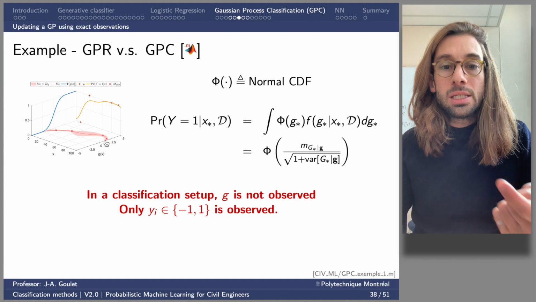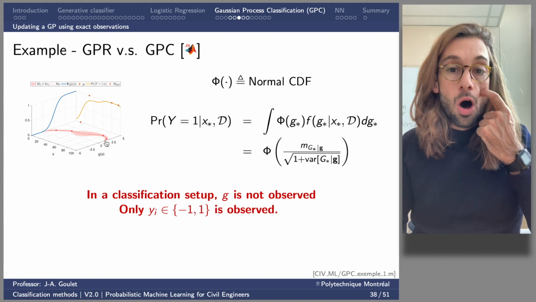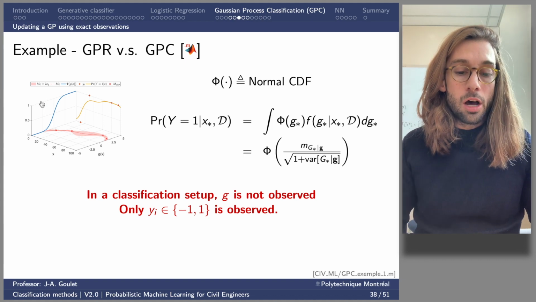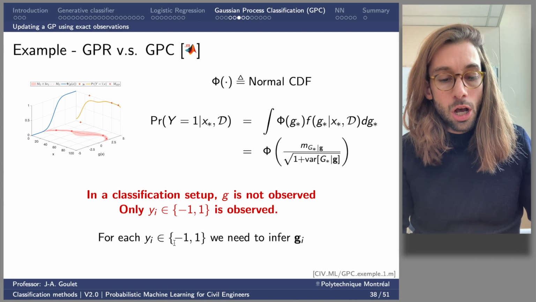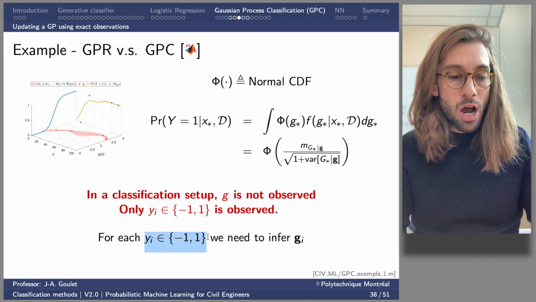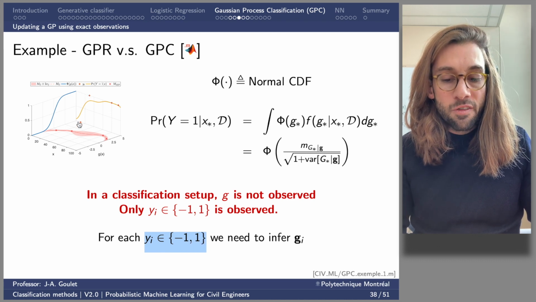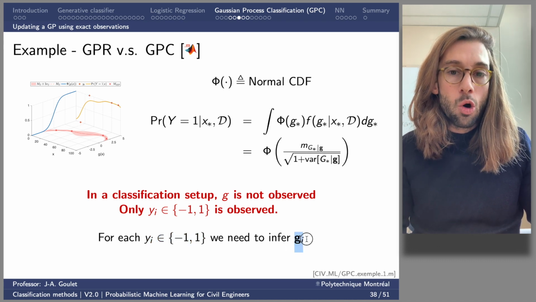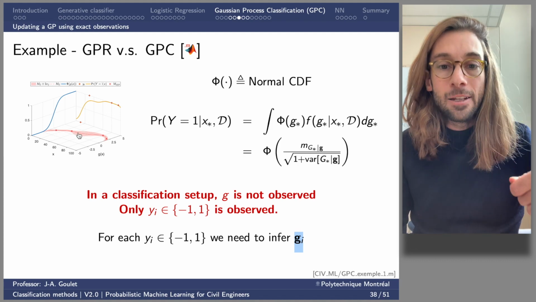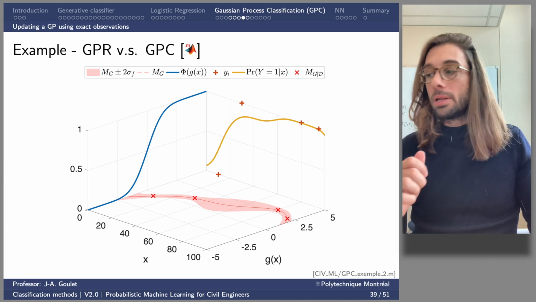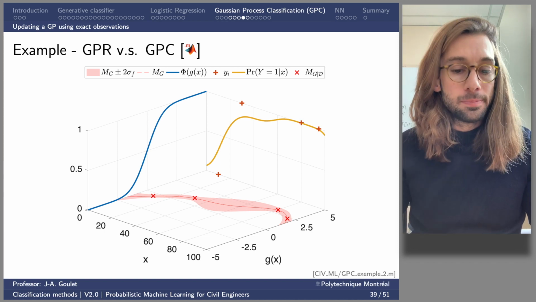So a Gaussian process that is only indirectly observed through my observation of the classes. For each observed value, so for each cross I have here, I need to infer what G_i is. What should have been the observation for my latent Gaussian process. So that adds one layer of complexity for the approach.